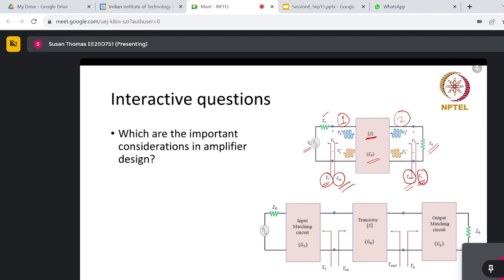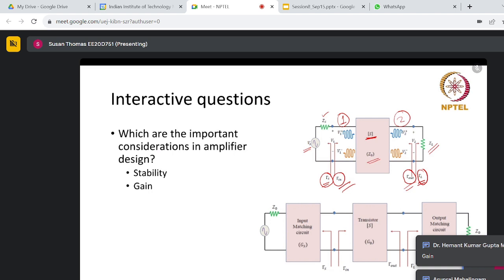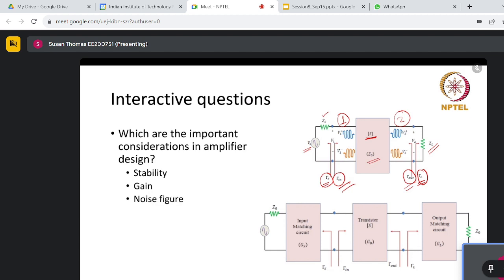Yes, ma'am. So one of the considerations is the gain of the amplifier, and another is the stability of the amplifier, which is eventually dependent on other things, as you said, the reflection coefficient and all that. And then comes the noise figure. This is a very important parameter, and you all know about this noise figure. These are the very important considerations in any kind of amplifier design.